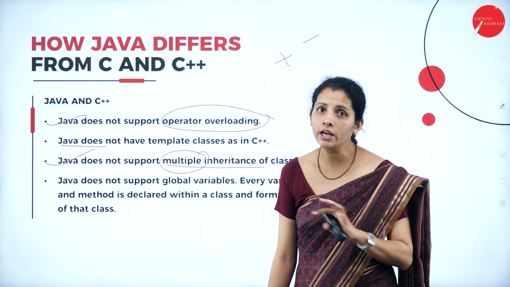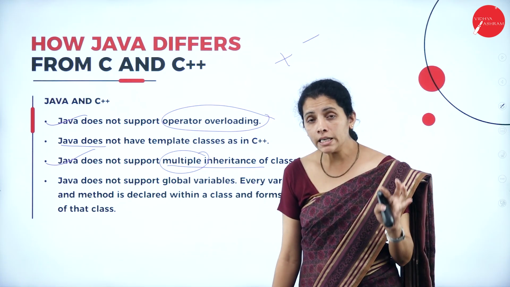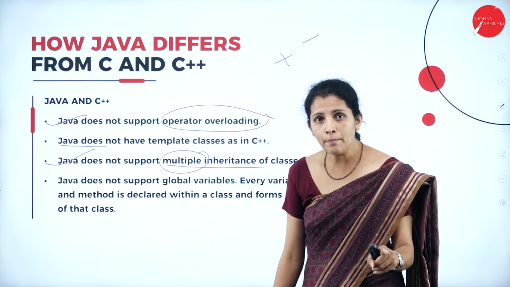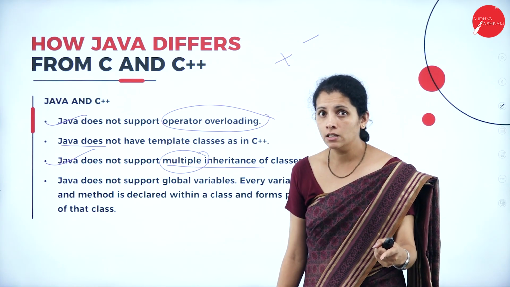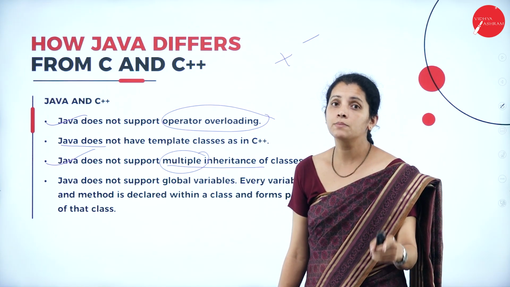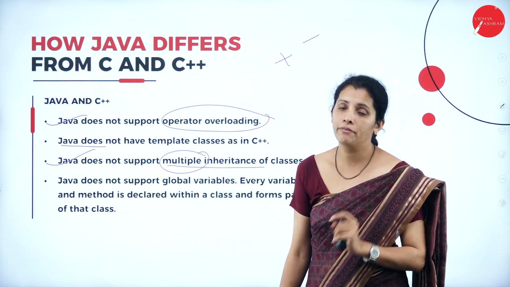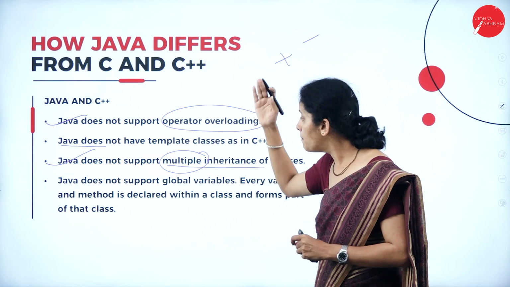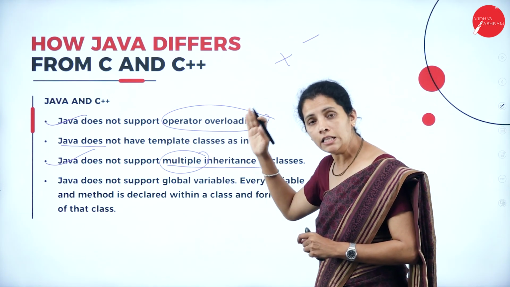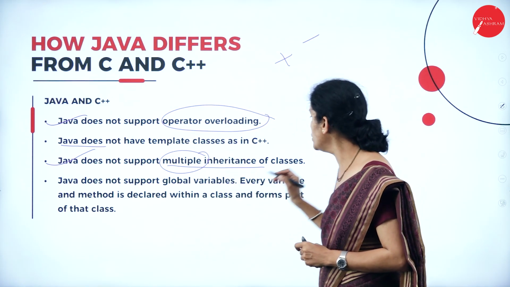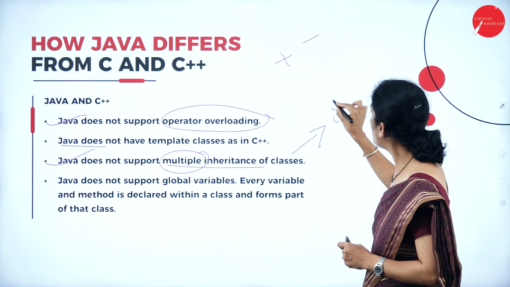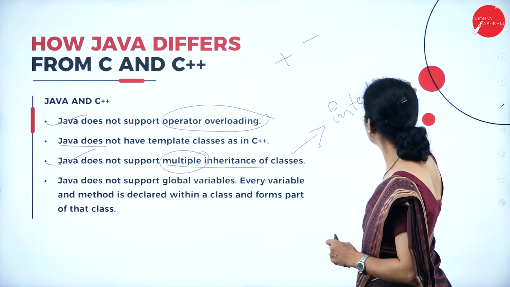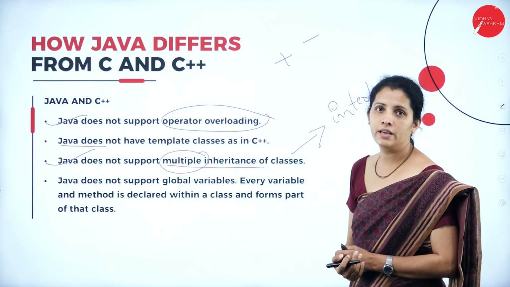That means I am not able to create multiple inheritance with classes in Java. But I can create multiple inheritance by using an interface. So if I want to create multiple inheritance in Java, I use the concept called interface.